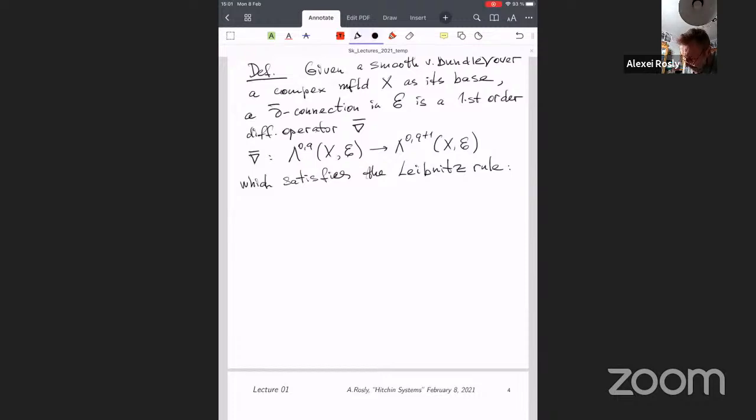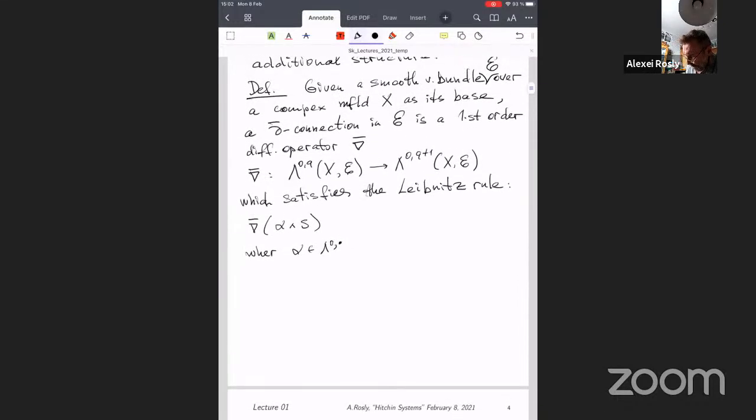So if we act with our operator of the D-bar connection on such a product, say alpha, which we can write with a wedge or just a dot, but let me write it this way, where alpha is just a 0,q form, I put a dot, just meaning arbitrary value, and S is an element from this space.